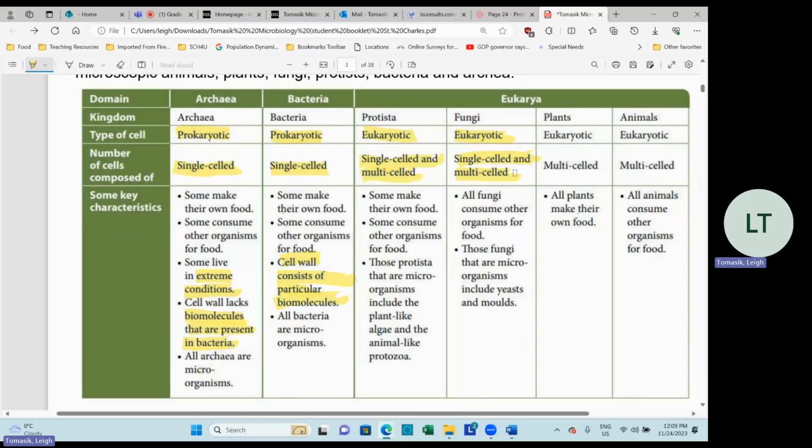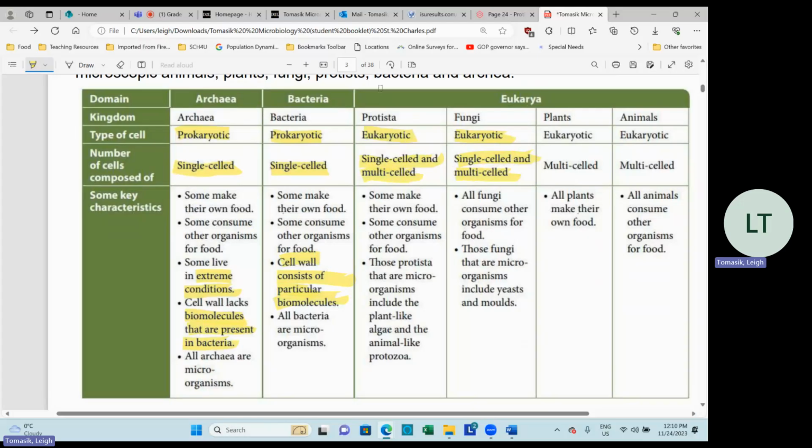So algae can be sometimes single-celled, sometimes multi-celled, and funguses can be mushrooms, which are multi-celled, or mold and yeast, which are single-celled. Protists are interesting because they are a little bit like archaea and bacteria, and some make their own food, some consume other organisms, and some do both.